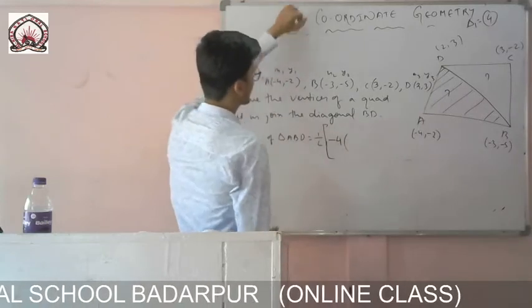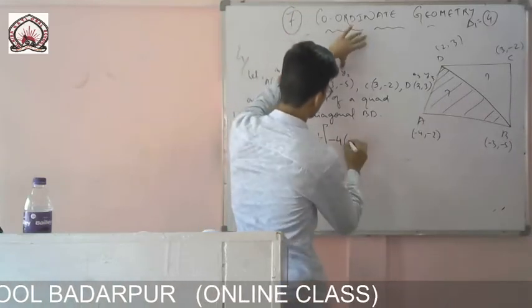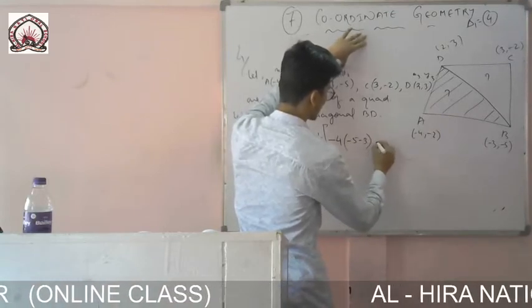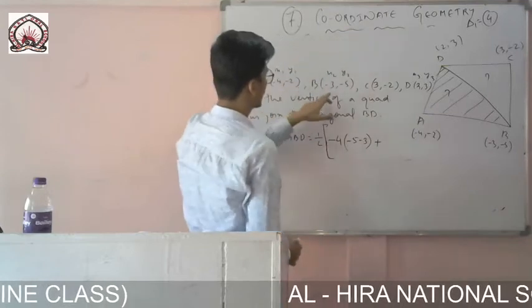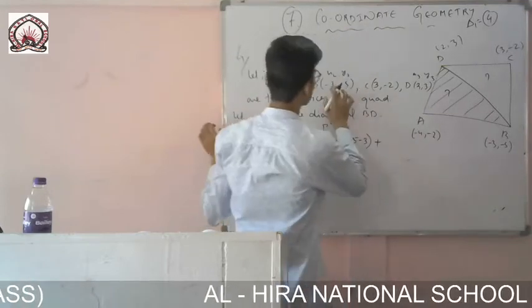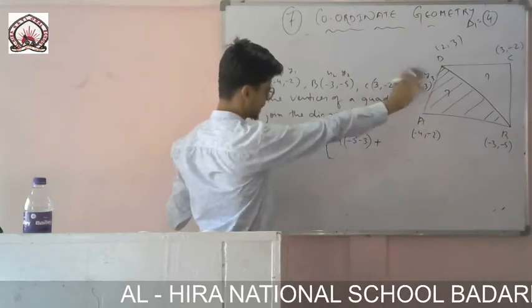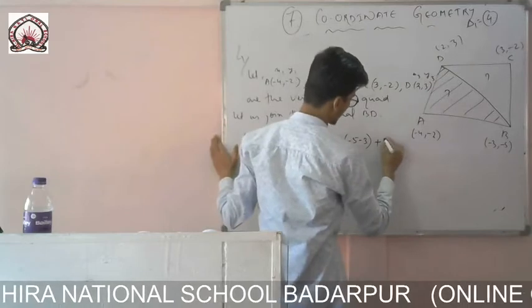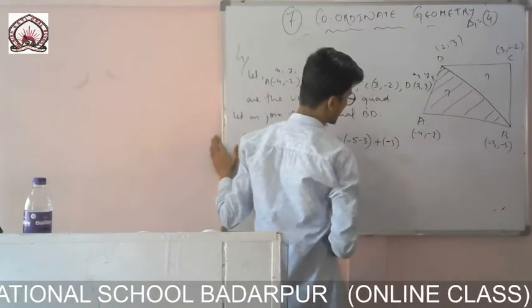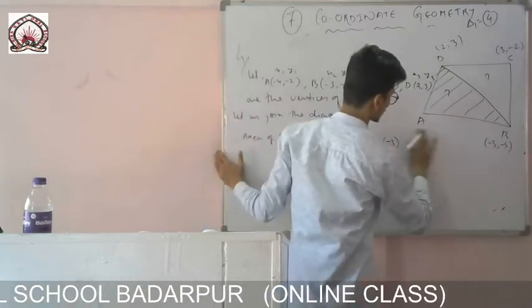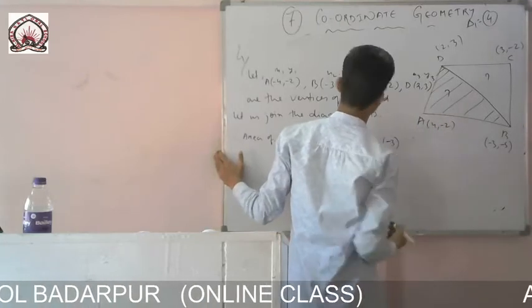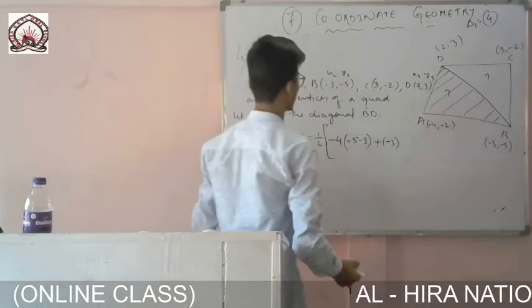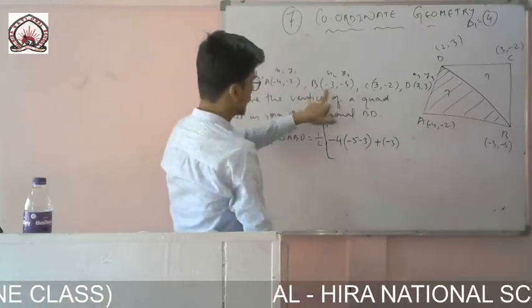x1 into (y2 minus y3), that is -3, plus x2, which is -3 as given.